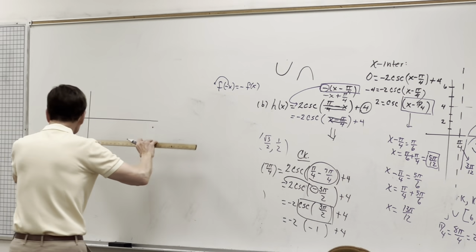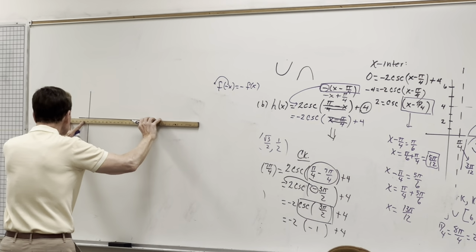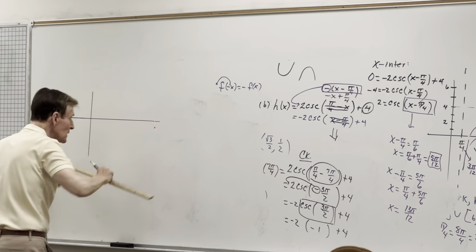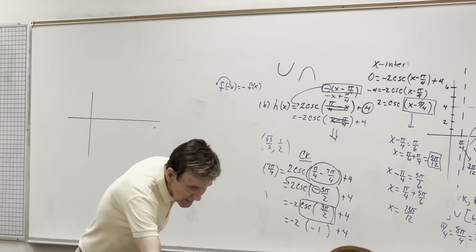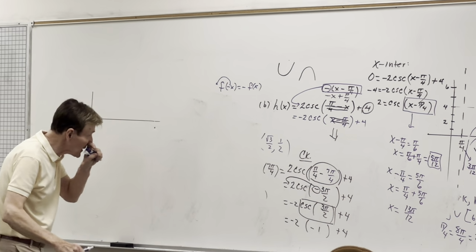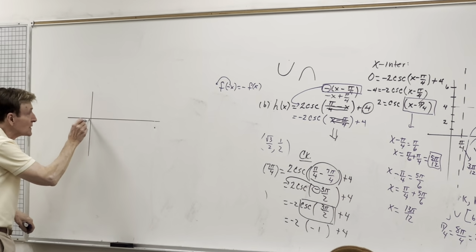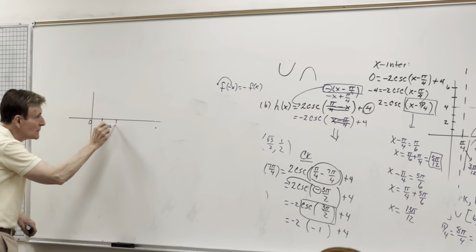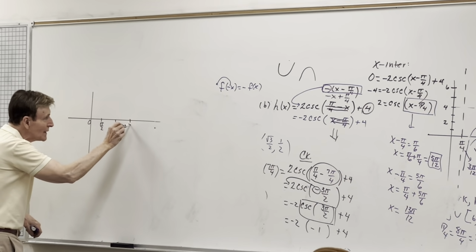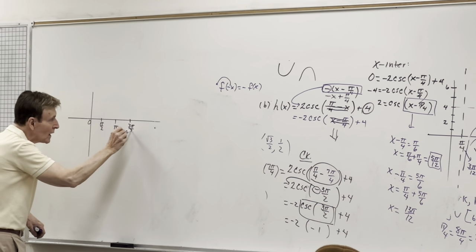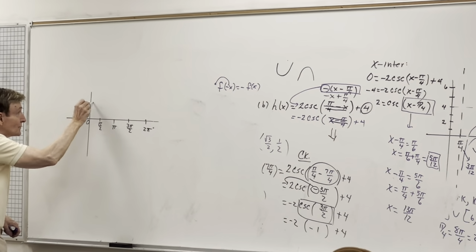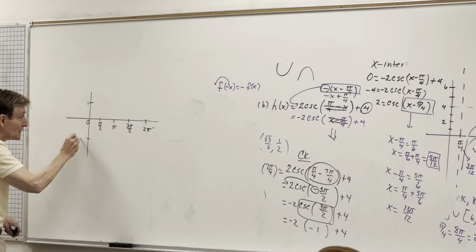Little reminder, the parent sine graph had the critical numbers to be these. I think it went up to 1, dropped down to a -1.